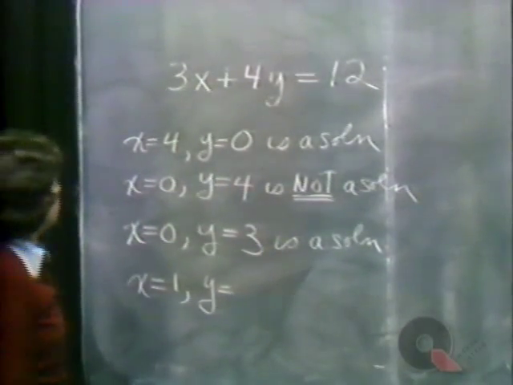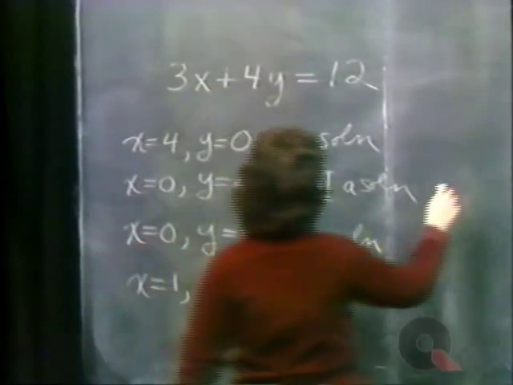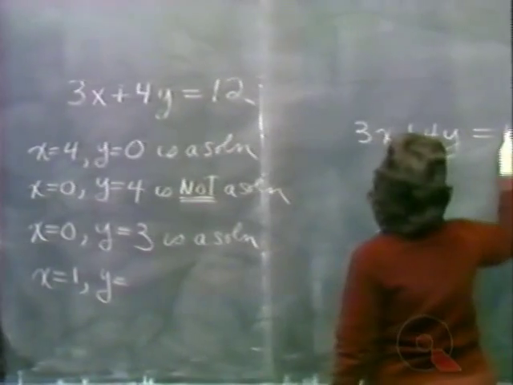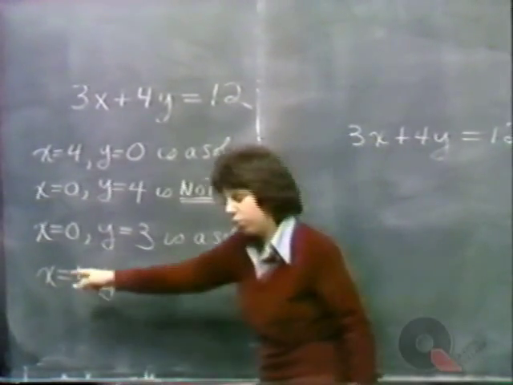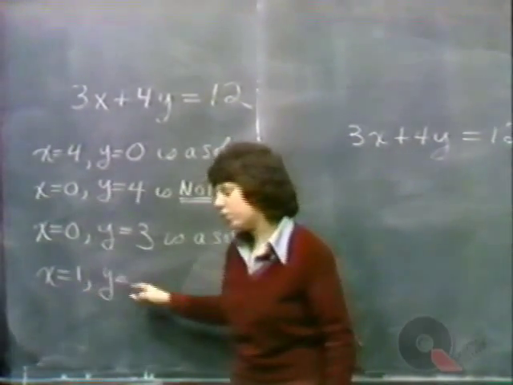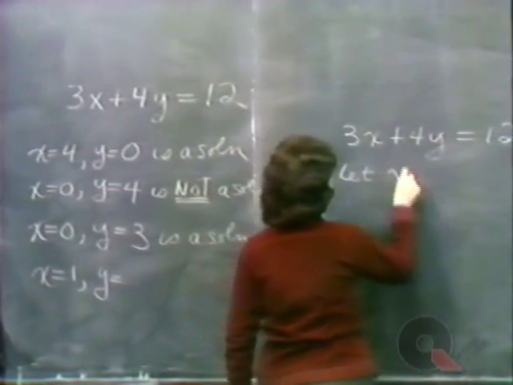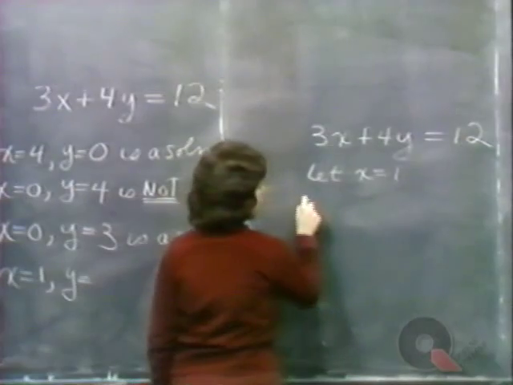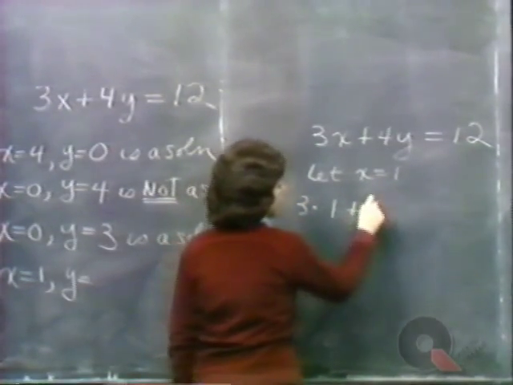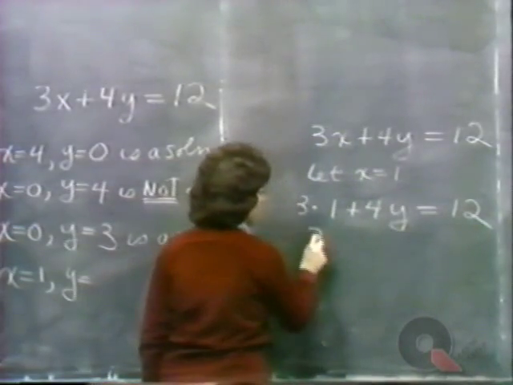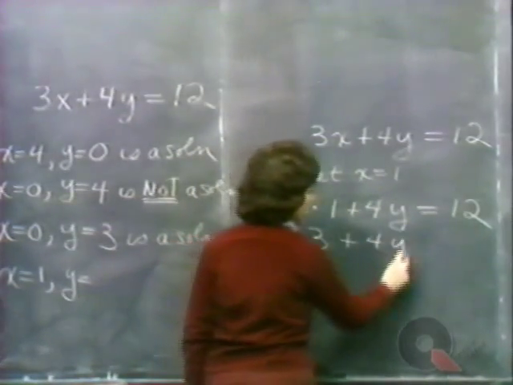So I would look at this equation, 3x plus 4y equals 12, and I know I would like x to be equal to 1. So let x equal 1 and try to figure out what y is. Let x equal 1 in here, and we get 3 times 1 plus 4 times y equals 12. 3 plus 4y equals 12.